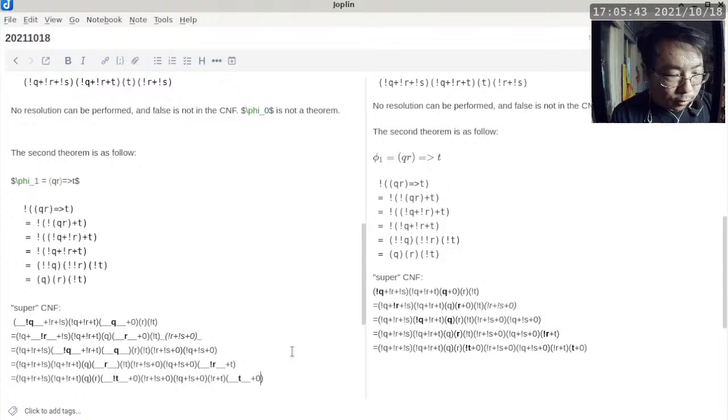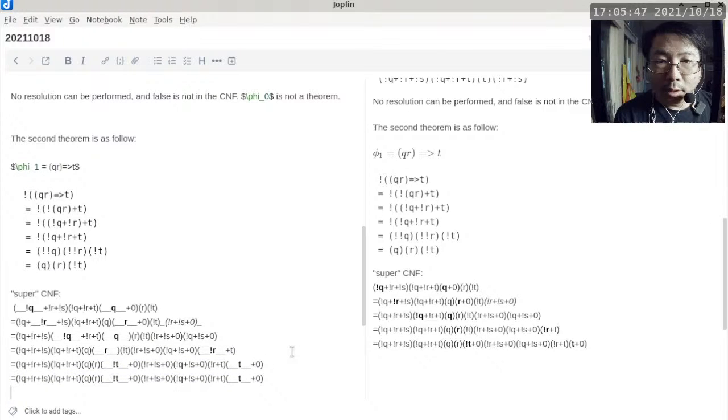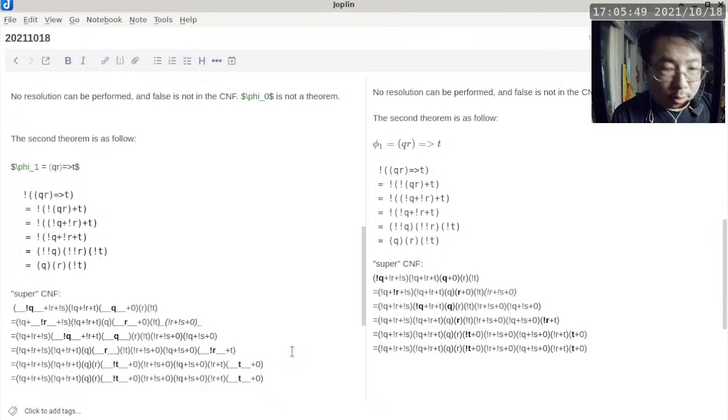So when we resolve this one last time, then we end up with false or false. And let's get rid of the boldface again. All right. So at this point we have false or false, which simplifies to false.